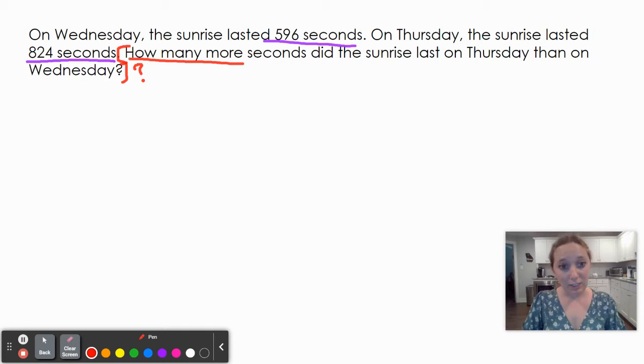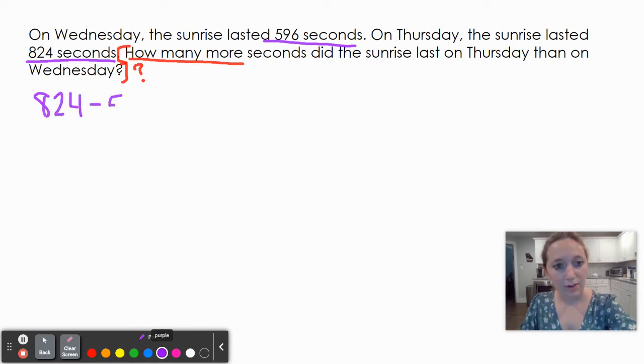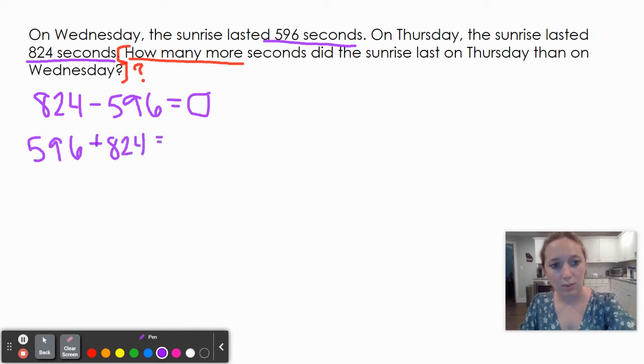So to find the difference, we can do two equations. We could do 824 minus 596 equals unknown, or we could do 596 plus 824 equals unknown.